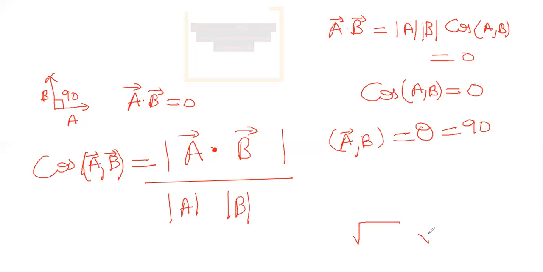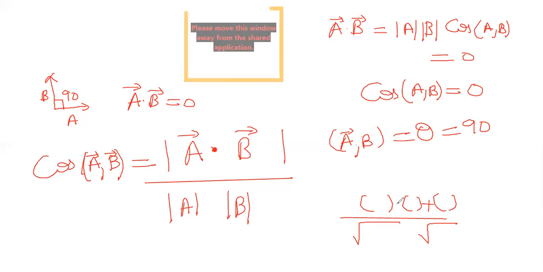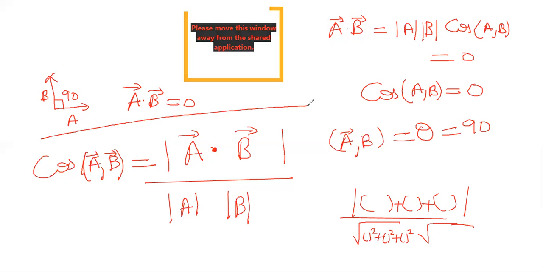The denominator will be root overs. Is it or not, Kritika? Some number will come here generally, some number plus plus plus. This is what will come in the numerator. The denominator will be something squared plus something squared, like numbers will come. Like this. Okay, so that is how we find the cos of the angle between two vectors.